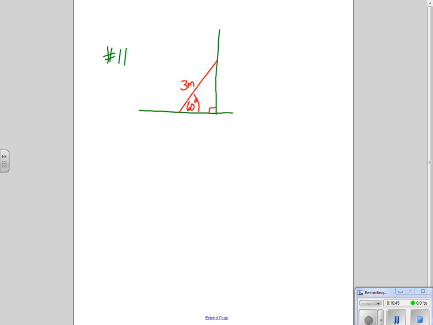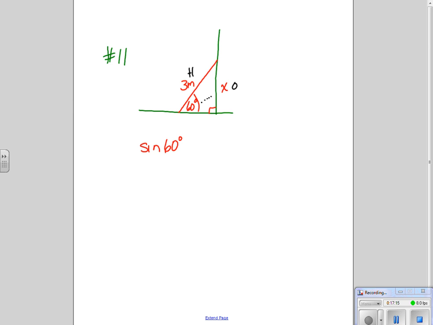Done. Part B says how far up the wall is the top of the brace. I want to know that measurement. So I want to know opposite and hypotenuse I have as 3 meters. So we are going to use exact trig ratios. So I know that sine of 60 degrees is the one that I want to use because I want opposite and I have hypotenuse.